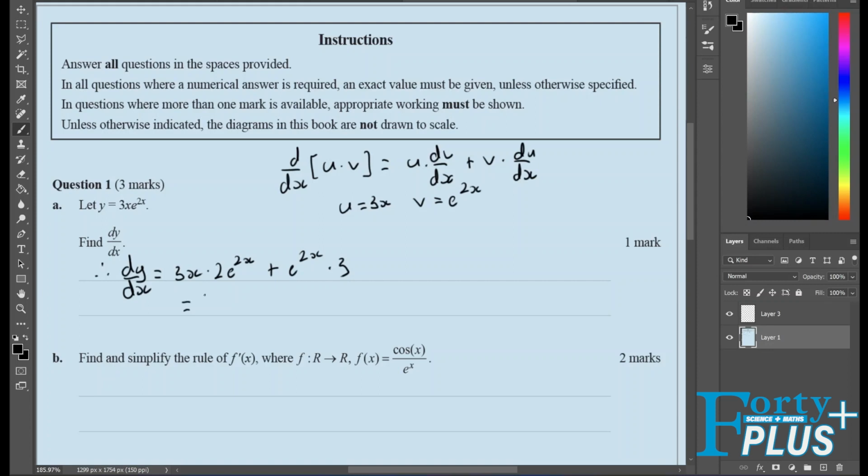And then that will give us 6x e to the 2x plus 3e to the 2x. And we can factor this out. So we'll put 3e to the 2x outside of 2x plus 1.